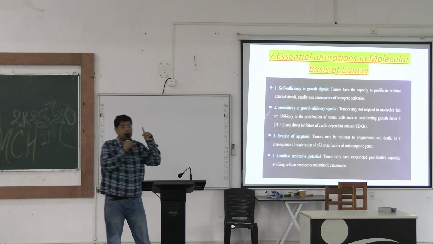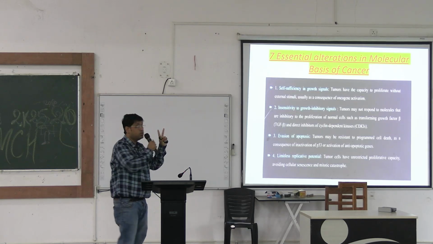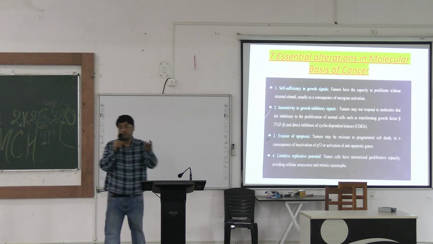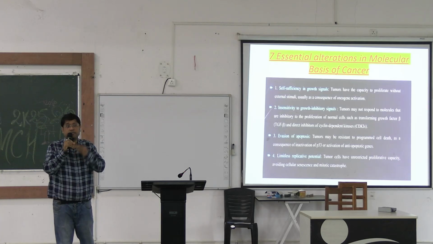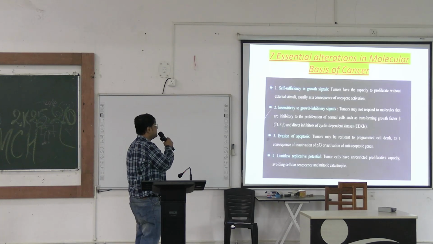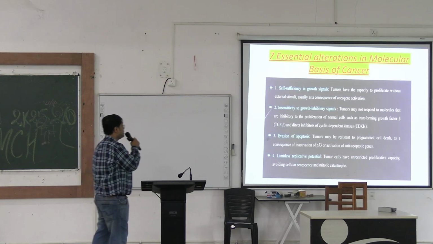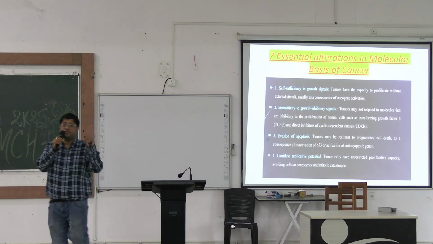So the first point was self-sufficiency in growth signals. The second point is insensitivity to growth inhibitory signals. The third point is evasion of apoptosis, which we were already discussing. Apoptosis, the normal mechanism of cell death, is evaded by these cells. So tumors may be resistant to programmed cell death as a consequence of inactivation of P53.